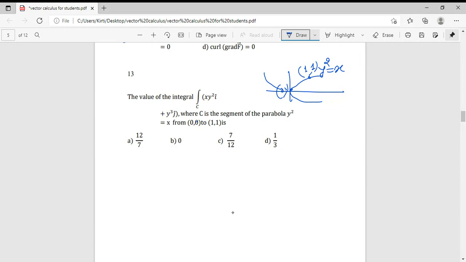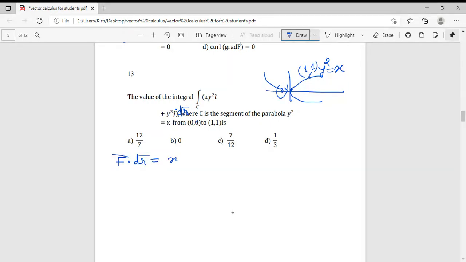Okay. So as we have seen, the line integral to be evaluated is of x square y i plus y square j, obviously integration with respect to r, right? So this is required. So it is F dot dr, we have to find out first.